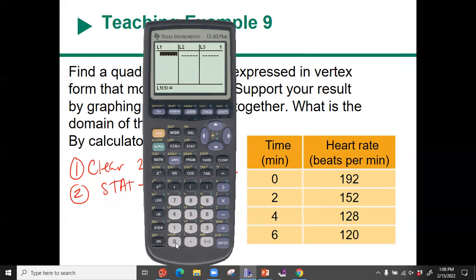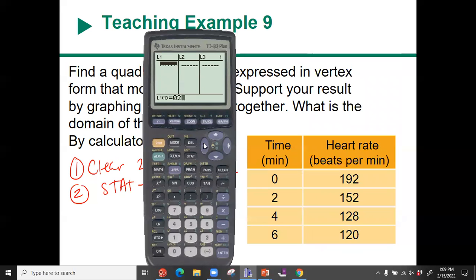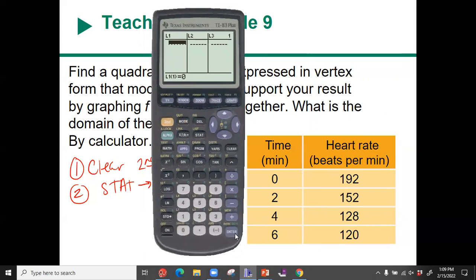So I'm going to put in my values. I have 0, 2. You're going to input the values. Oh, I'm sorry. I thought I said input values. I said 0, and then I started inputting the values.